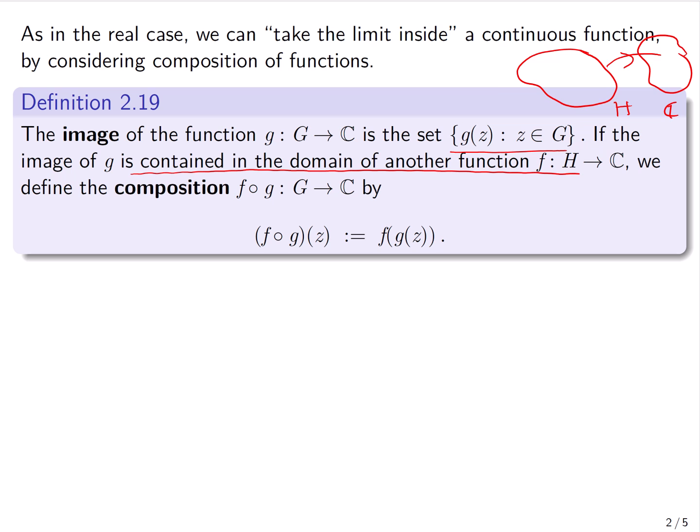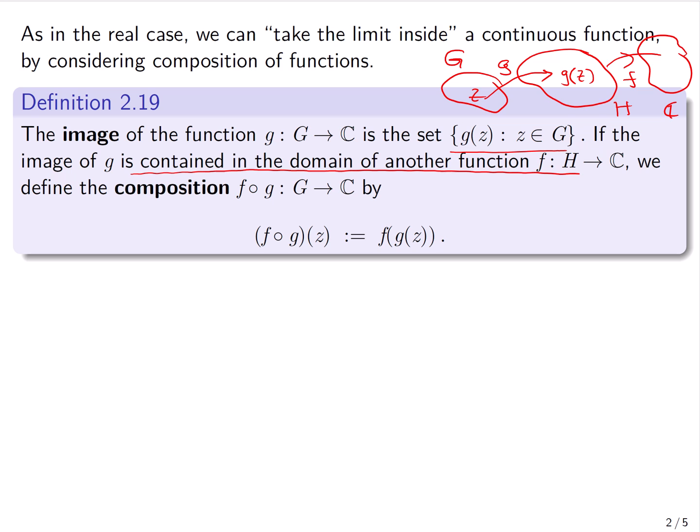The image of g is inside H. So this is the domain of the small g function, and this is the small f function. So z maps to something inside this set, g(z). What it says is that the image of g is inside the domain of f. The domain of f is H.